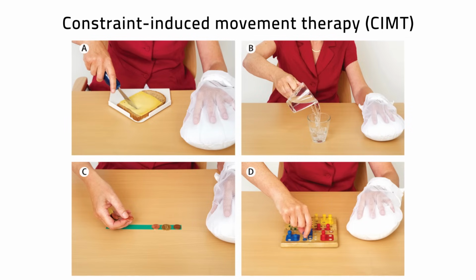With constraint-induced therapy, and this is what I hinted at in the very first statement I made in this video, we immobilize the uninvolved arm, and they have done tons of studies on this and been able to repeat the results, that what this does is you get more activity on the involved hemisphere. So by immobilizing the uninvolved arm, you're turning the volume down on the uninjured side of the brain, giving the injured side of the brain an opportunity to join the game.